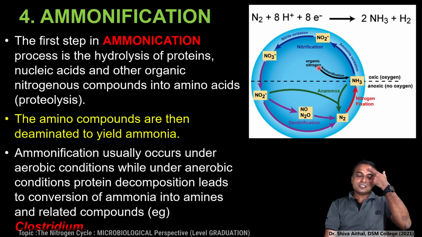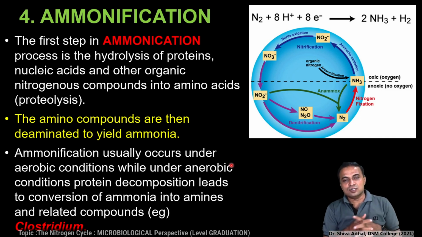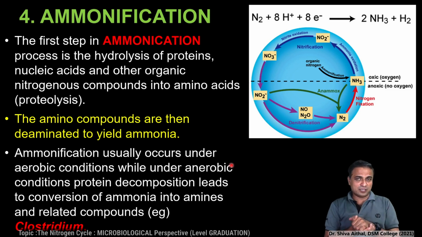The fourth stage is ammonification. You can keep it in the second stage also; as it is a cycle, it doesn't have a particular hierarchy. Ammonification is a process of hydrolysis of proteins, nucleic acids and other organic nitrogenous compounds into amino acids, that is proteolysis. Where does this take place?